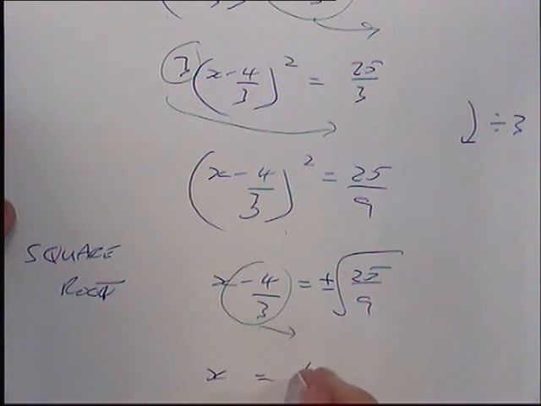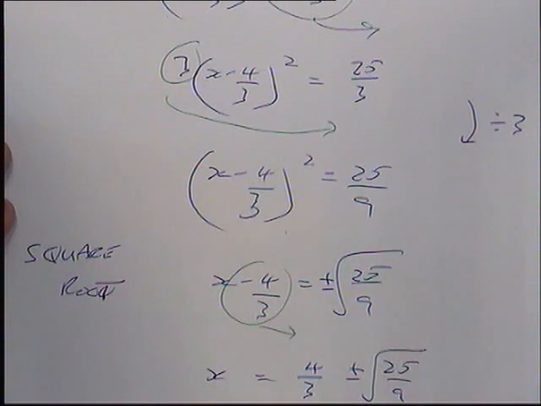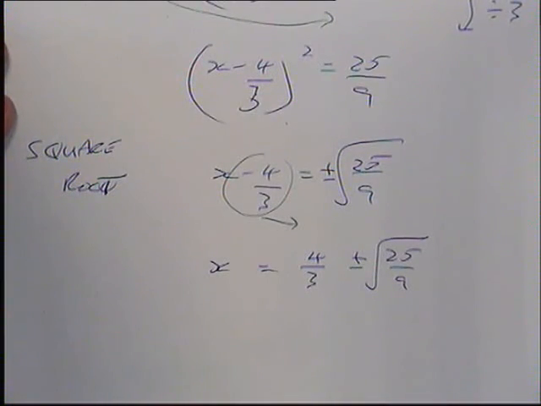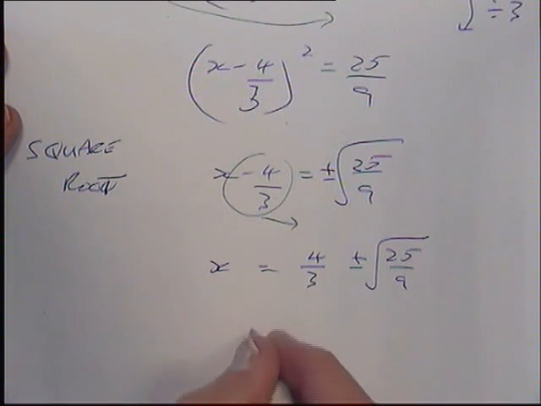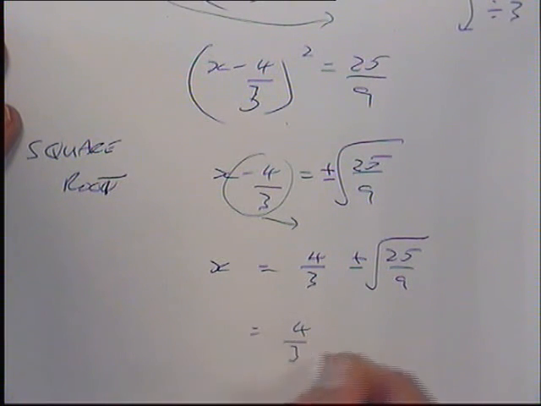I would tend to write it at the beginning. So we get that. What's the square root though? 25 over 9. 5 over 3, yeah, square root at the top, square root at the bottom. So I've got 4/3 plus or minus 5 over 3.